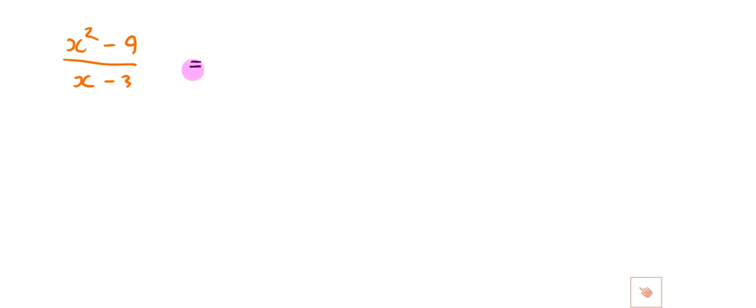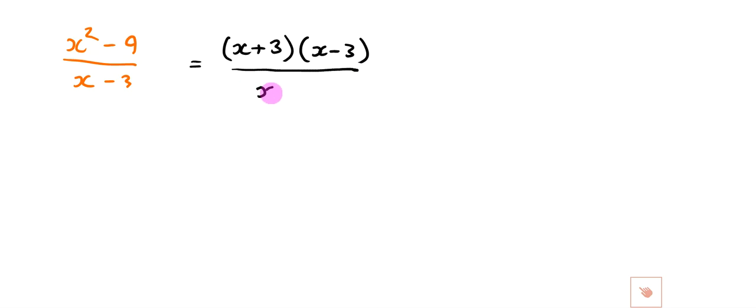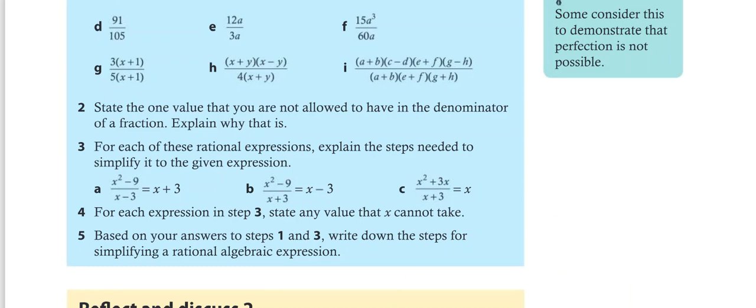So the factorized form of this one, now this is called the difference of two squares. We know straight away this is x plus 3, x minus 3, and underneath is x minus 3. So it's just x plus 3. Next one, x squared minus 9 over x plus 3.